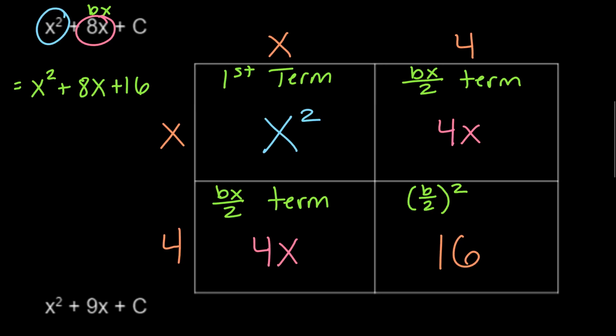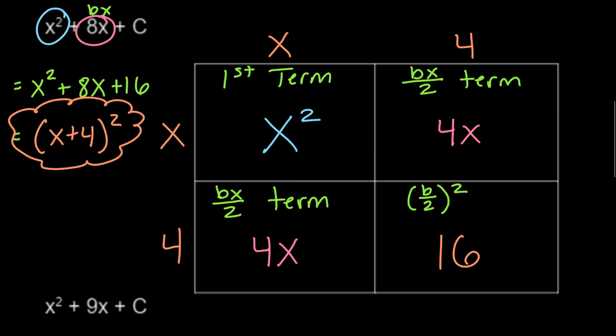Oh, so the stuff inside the box, if I'm working backwards, could have come from x plus 4 squared. And I have now converted this into vertex form. Do you see it?